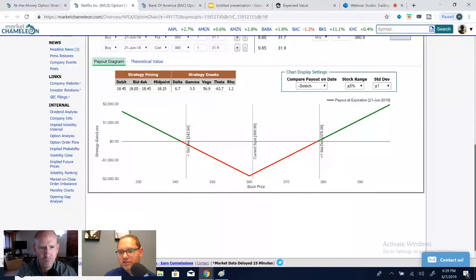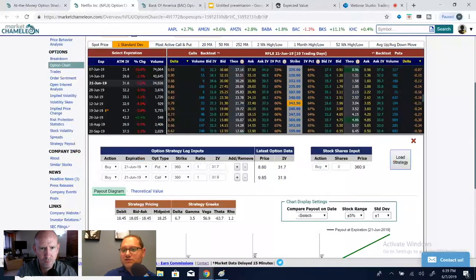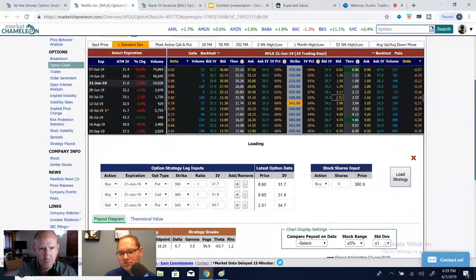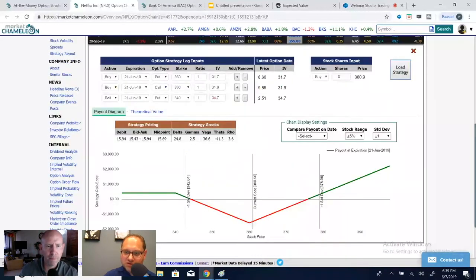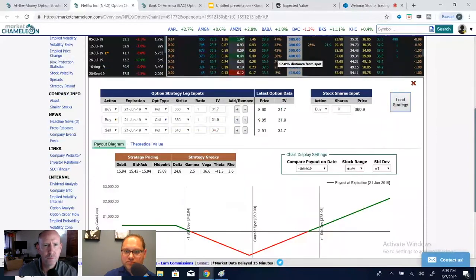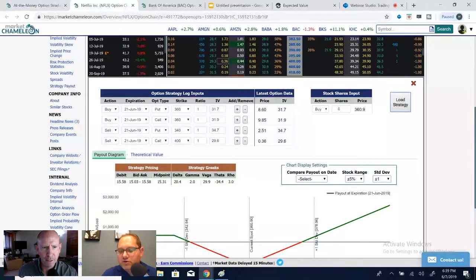But maybe you have a long lean, and you think it's more likely to go up than down. So I'm going to sell it here, so then it looks like this. Or maybe you just want to sell out here because you think it's not going up that high. So you just start playing around.